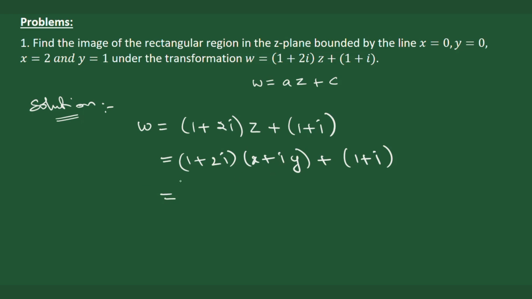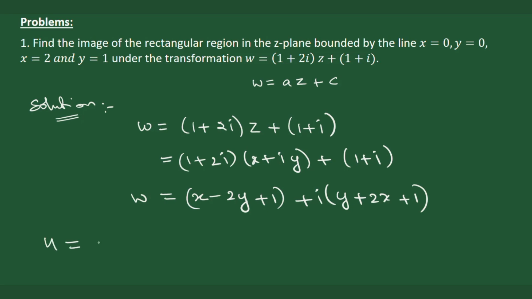Now we multiply this and split it into real and imaginary parts. What we get is x - 2y + 1 as the real part, plus i times the imaginary part, y + 2x + 1. Clear? So this is w, which means u = x - 2y + 1 and v = y + 2x + 1.